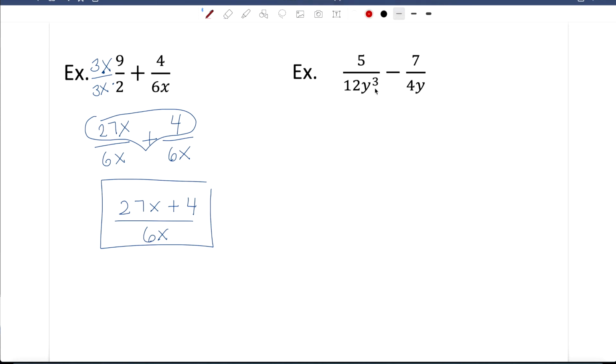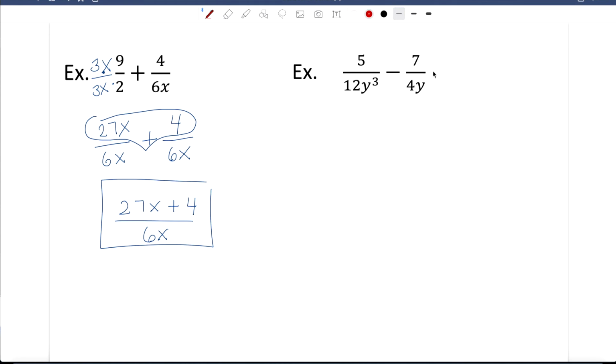12y cubed. Just be careful with your exponents. 4y. Can I do anything? You're mainly multiplying, okay? So focus on multiplying. Can I multiply 12y cubed to turn it into 4y? No. How about the other way around? Can I multiply 4y by something to turn it into a 12y cubed?